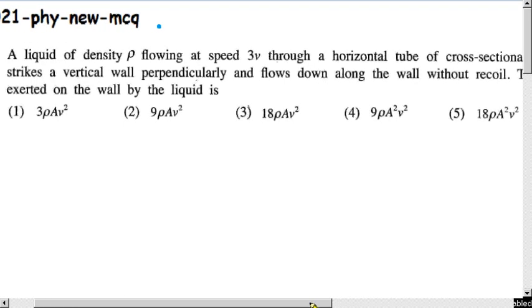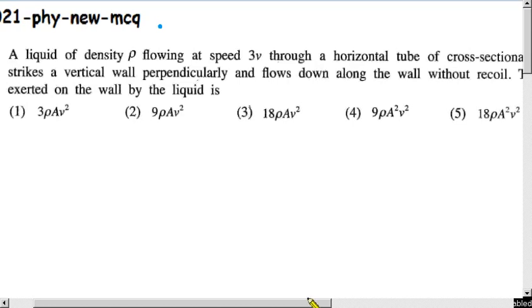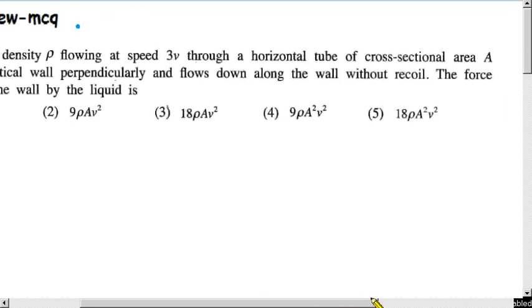The force exerted on the wall by the liquid is 3 rho AV squared, 9 rho AV squared, 18 rho AV squared, 9 rho A squared V squared, 18 rho A squared V squared.